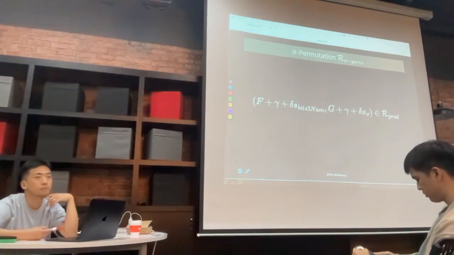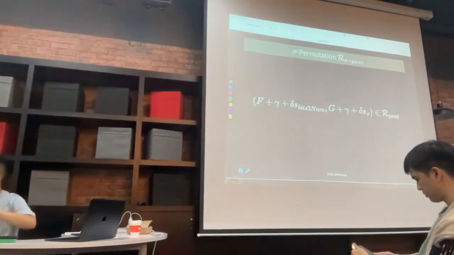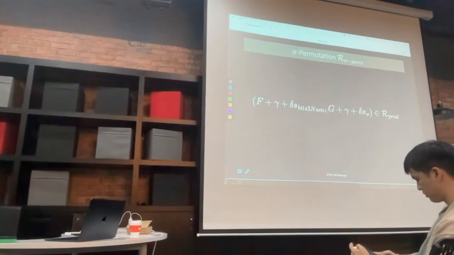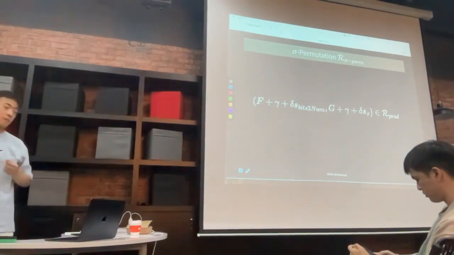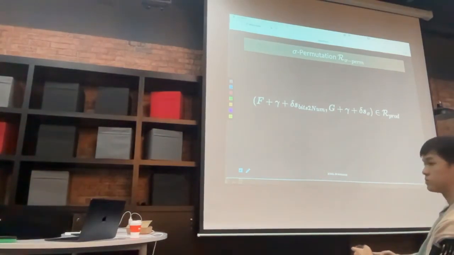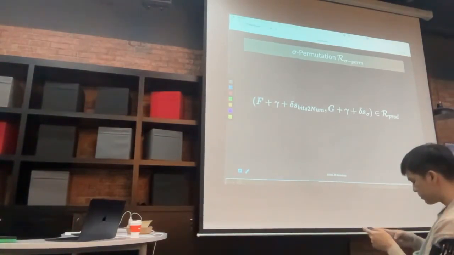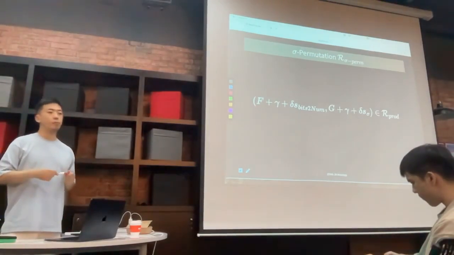Actually, both are roots of unity, but one uses the same function. For f we are adding x, but for g we are adding sigma of x. It will give you a transformed root of unity: x is the original wiring permutation, and sigma of x is another permutation.